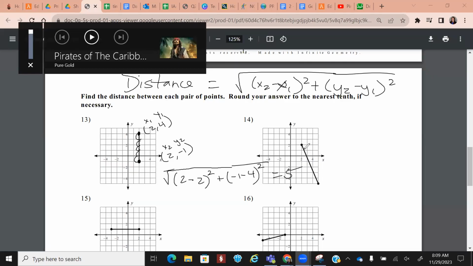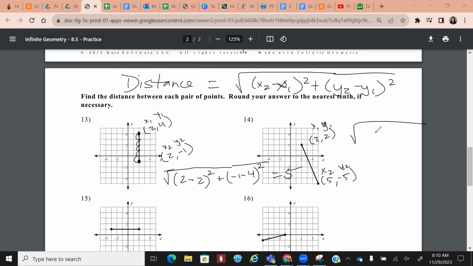Oh, we're going to label this. We got 2, 2, and then we have 5, -5. Here's your x1, here's your y1, here's your x2, here's your y2. Let's go ahead and plug those in. So we got the square root of 5 minus 2 squared plus -5 minus 2 squared.